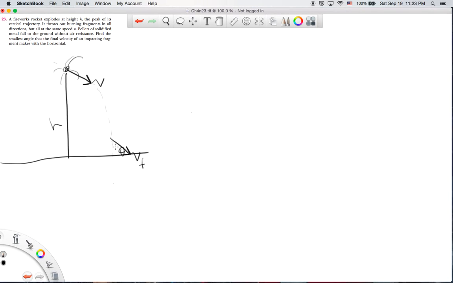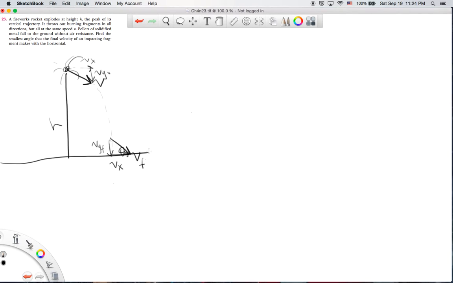So for v final, it will have two components, x and y. So we have vy final, and this will be vx because velocity in the x direction won't change. And here we'll have vx and vy initial. So we want to find theta, or the smallest possible value of theta.